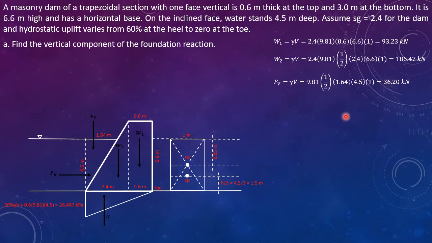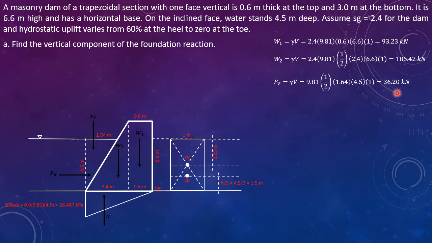For Fv, that is also gamma times volume, but our gamma here will be gamma of water 9.81, since we're dealing with the weight of water. And the volume will be the area of this triangle, which is 1/2 base 1.64, height 4.5, times, once again, 1 meter length perpendicular to the sketch.